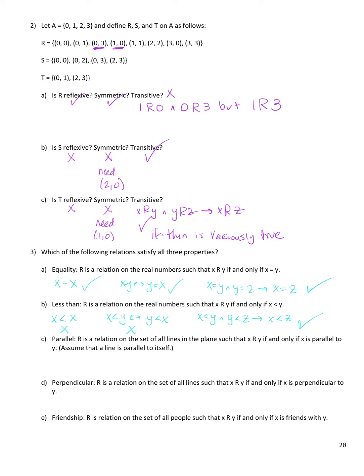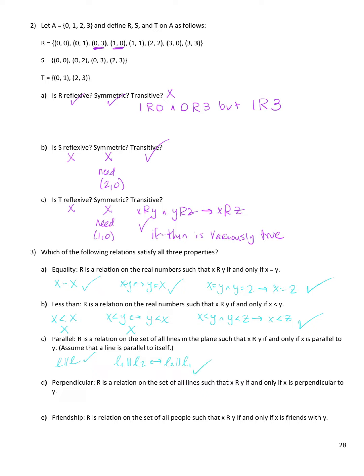Okay, parallel. Thinking about lines, they told us to assume that a line is considered parallel to itself. So if I have a line L is parallel to L, they said that's true. Okay, they told me to assume that. And if L1 is parallel to L2, is that equivalent to saying that L2 is parallel to L1? Yeah. If 2 lines are parallel, it doesn't matter which one you say first.